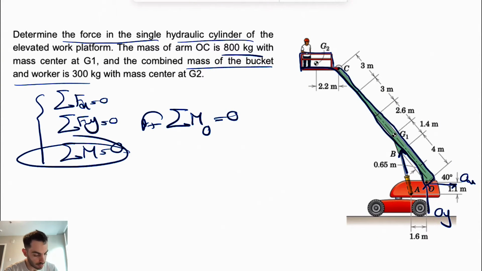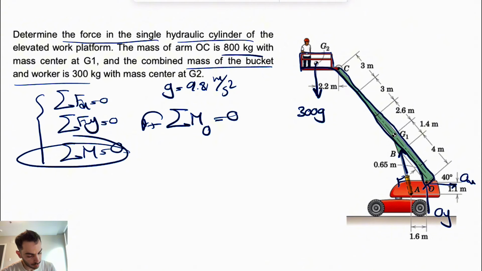We can call it F. And we're going to have two weights here. The first weight would be the mass of the bucket and the worker, which is 300, and we multiply by G. If you multiply the mass by G, we get the weight. Our G is 9.81 meters per second squared.